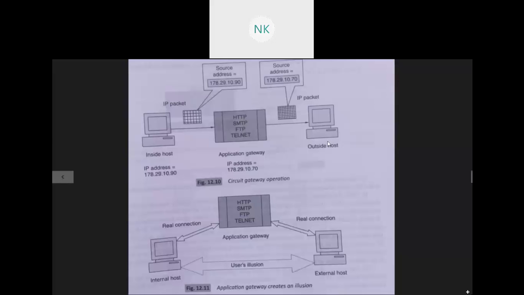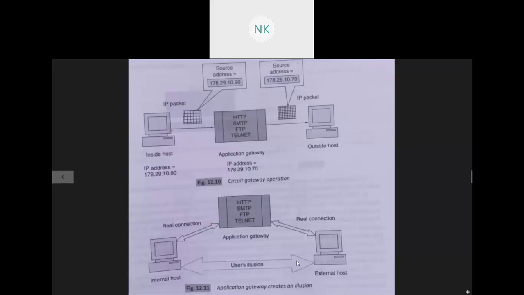Here we are talking about the circuit gateway. The circuit gateway creates a new connection between the user and this host, meaning the server. The user is not aware of this. The user has an illusion that he is directly communicating with the server, but actually he is communicating through this application gateway or circuit gateway, whatever gateway they are using.